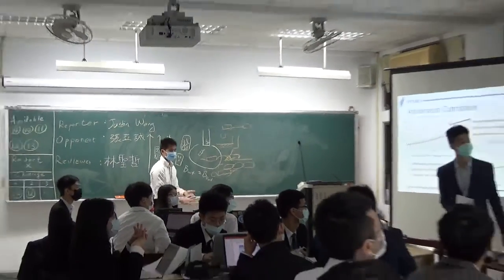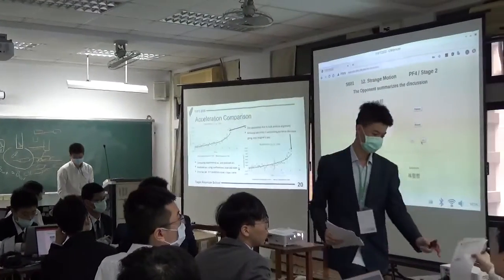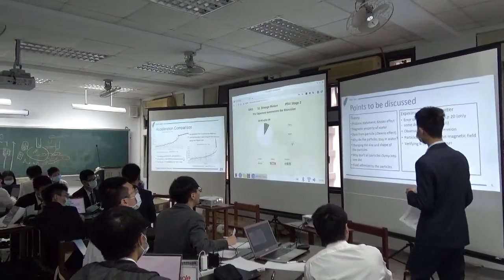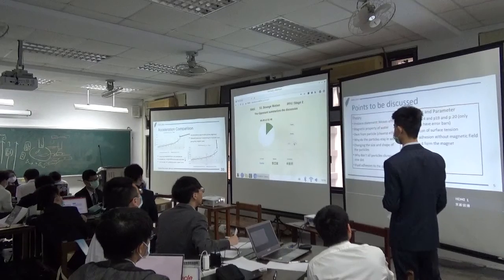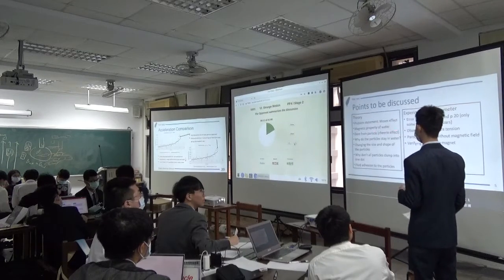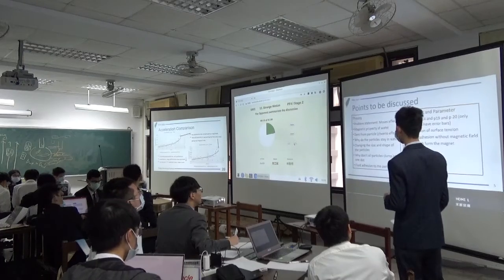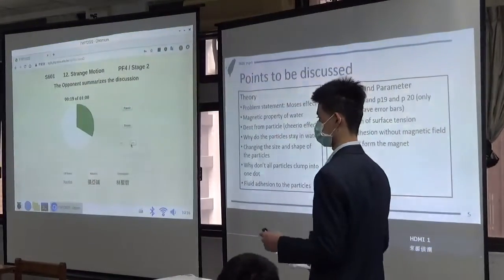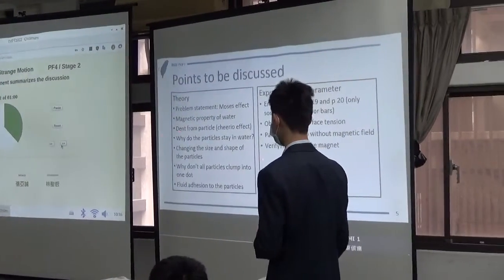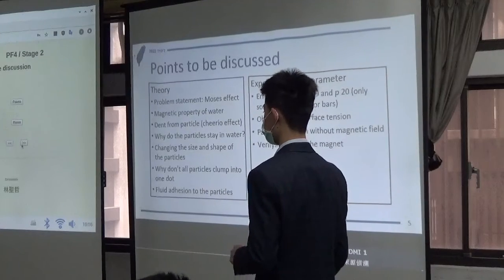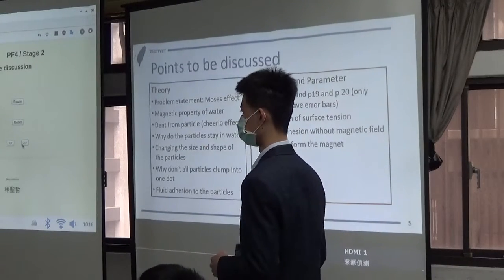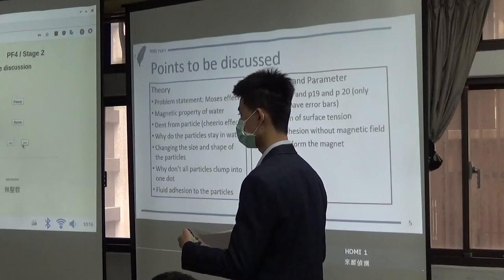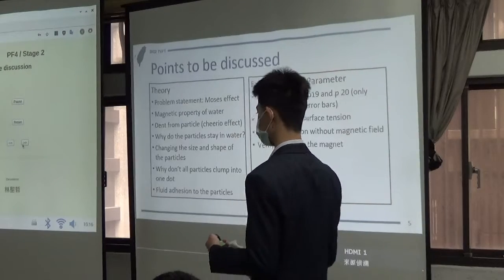So in our discussion, we discussed whether the reporter thinks the problem statement could be asking about the Moses effect, which is how the shape of water changes with the applied magnetic field, and the reporter says no. The reporter says that the magnetic property of water and how the particles influence each other, the density of the particles, are really small, so they didn't consider it. And why do the particles stay in water? The reporter says that the surface tension of the water causes the particles to stay in water, but they did not verify how the surface tension acts on the particles by taking a photo or doing any observations.